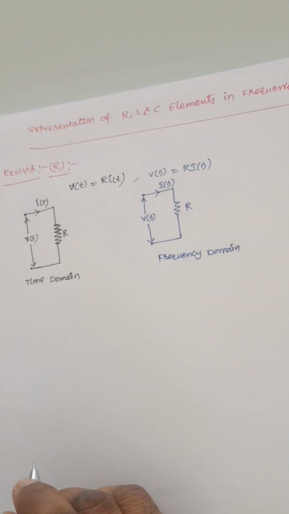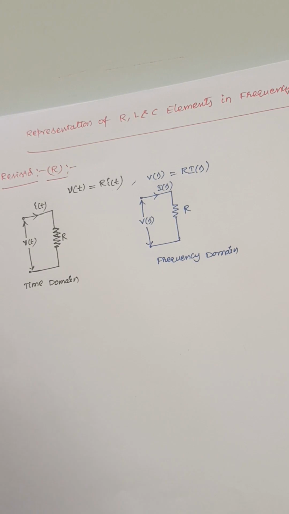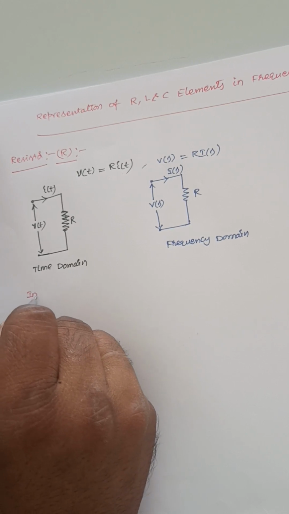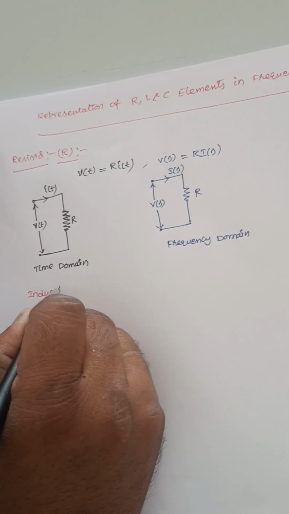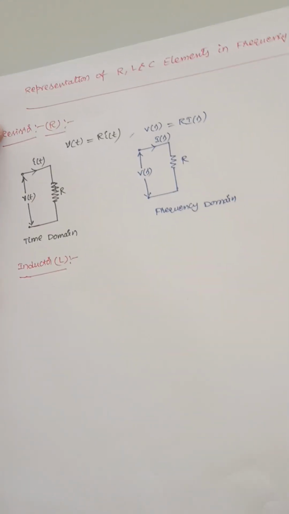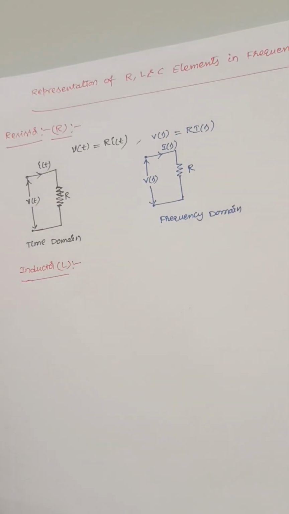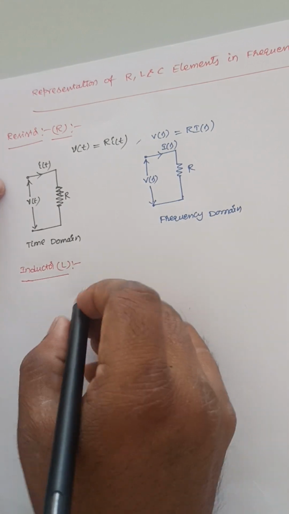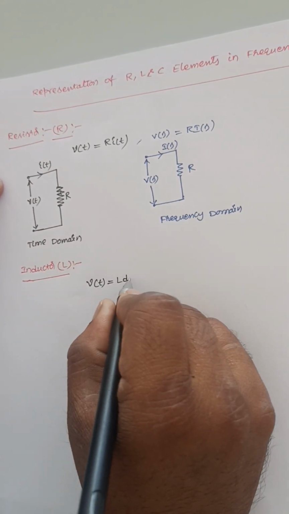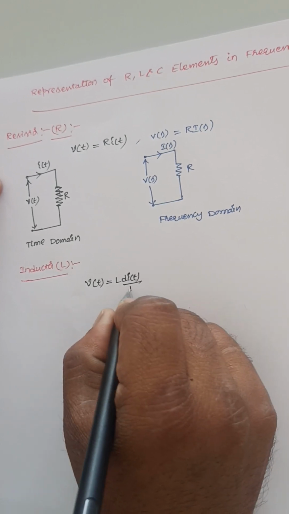Okay. So in a similar fashion the inductor can also be represented. So let us consider the inductor or inductance. The voltage and current relationships in an inductor are V of t is equal to L into di of t by dt.